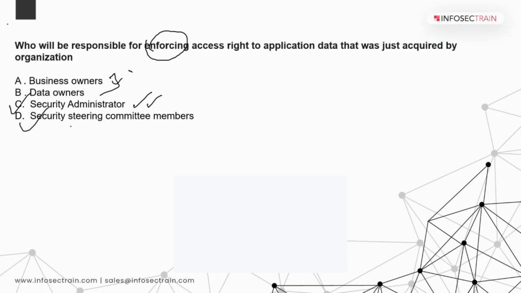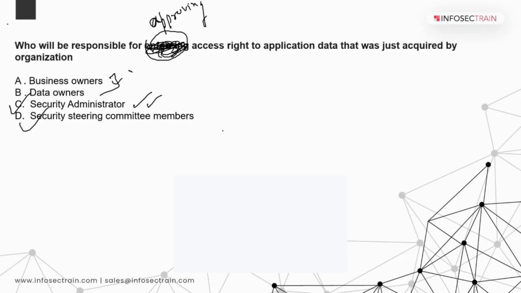A steering committee? No, never. Enforcement task is not a steering committee. A steering committee, you know, is all business heads, all process heads, right? So they are not going to implement. But if the same question asks, who will be responsible for approving access rights to application data that was just acquired? What is the answer? Data owner. So see, only one word changes the whole question. So when you are practicing questions and in the real exam, read carefully, and try to understand what they are asking.